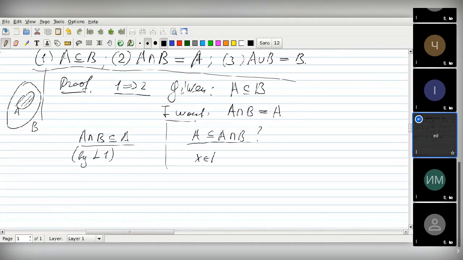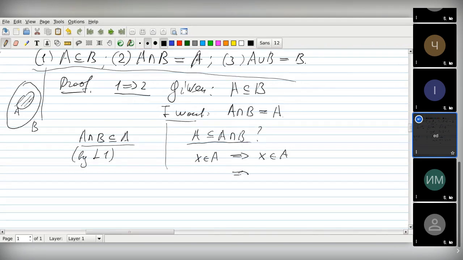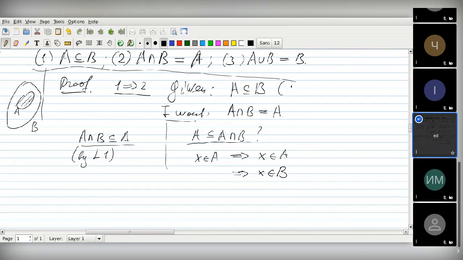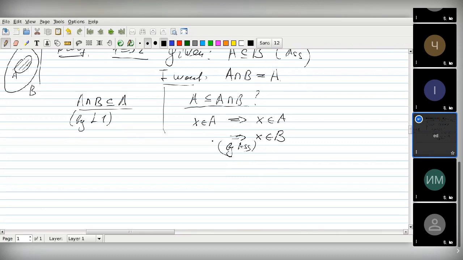Assume that X is an element of A. Then, of course, X is an element of A. Don't you agree? Yes, that's trivial. But also, X is an element of B. Why? By our assumption. Our assumption says that every element of A is an element of B. That X is no exclusion.